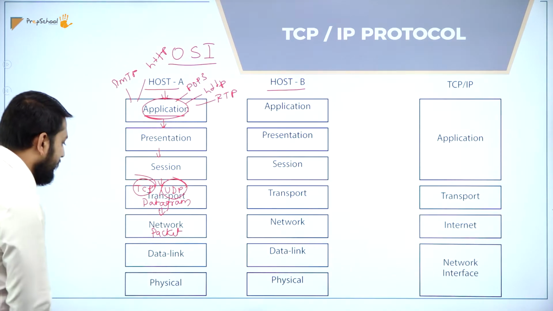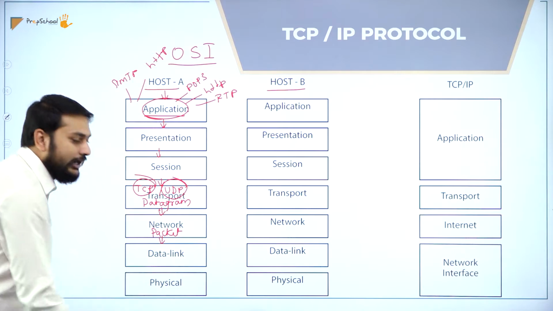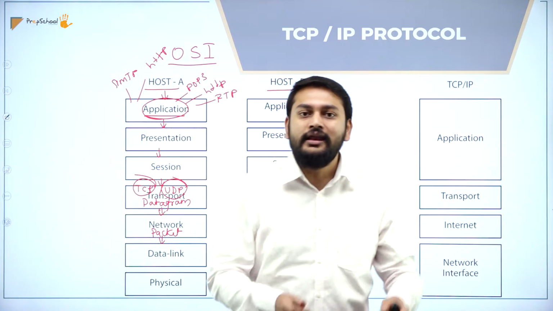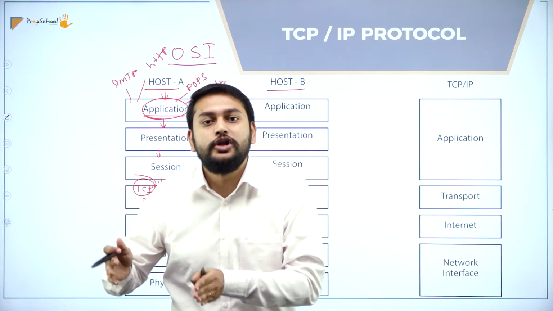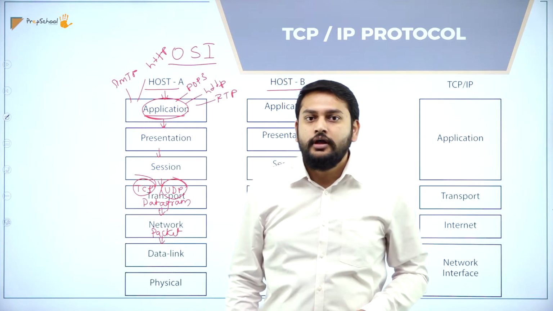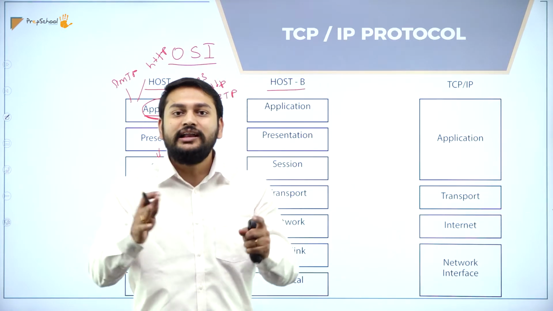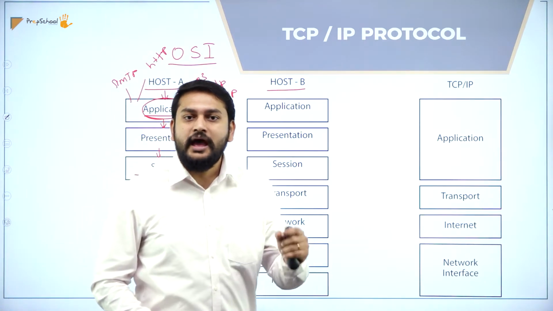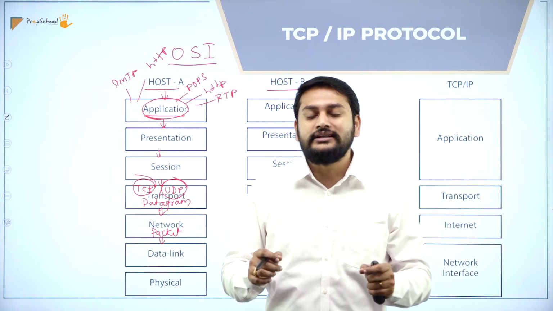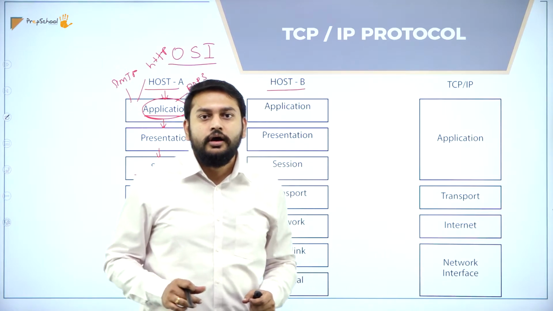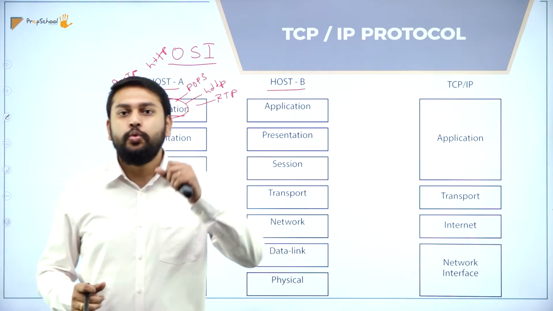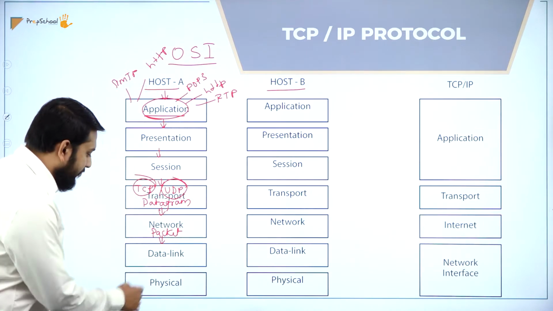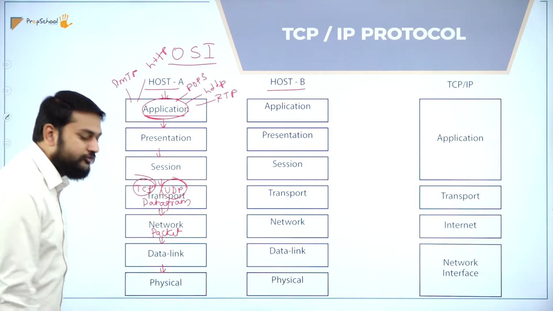After that, the packets will come to the data link layer. Please understand, the data link layer again divides the packets into small frames. In each frame, the data link layer will add the MAC address, medium access control or media access control. This MAC address will be added to each and every frame, and then the frames will be sent to the physical layer.